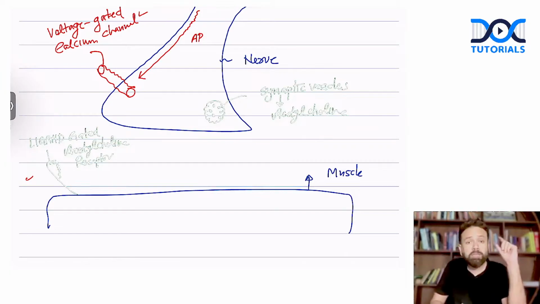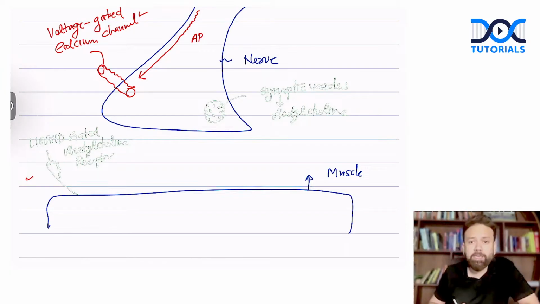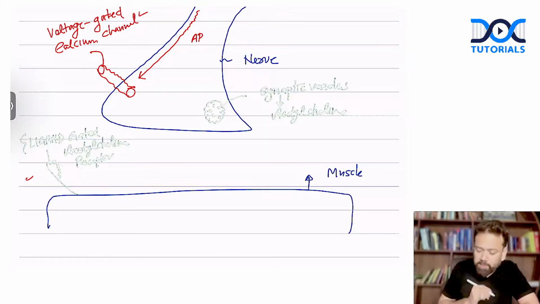Why? Because they have sensors that sense the change in voltage. On the other hand, if you are going to a metro station, you touch it with a ticket, with the QR code, and it will open. What is that called? Ligand gated. So when they attach with the ligand and the gate opens, it is called ligand gated, like the acetylcholine receptor, which is present at the end of the muscle.